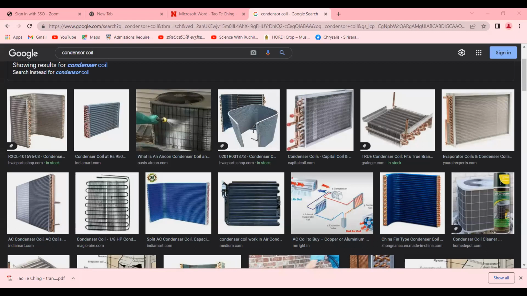So I duplicate this for the evaporator coil. Evaporator coils.